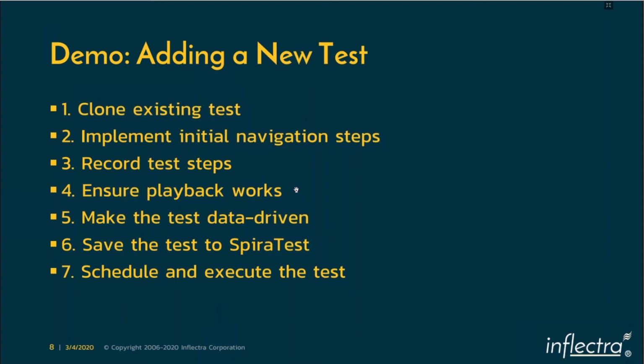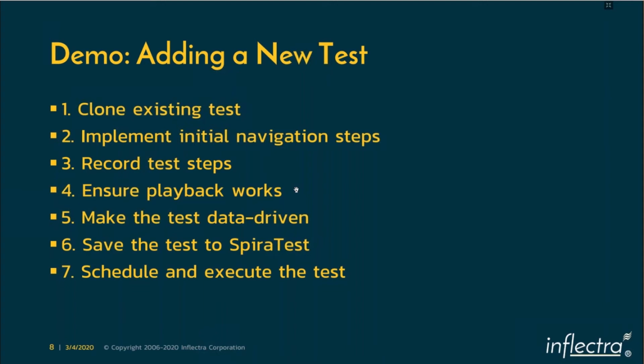These are the 7 steps that we will perform. We will clone an existing test, actually a template test. We will do some initial navigation steps. We will add those steps manually. It is relatively easy. And then we will record our scenario. We will ensure it works.